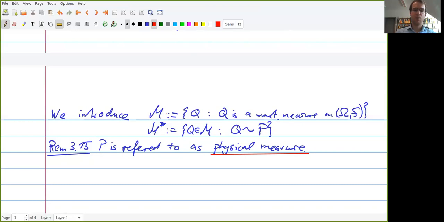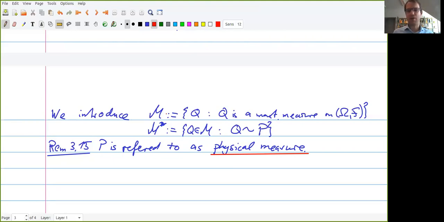The one with which we start modeling our financial market is the probability space omega F P, so there is a measure involved which assigns how likely certain price movements are. This is basically the God-given measure we decided we want to have on our financial market.